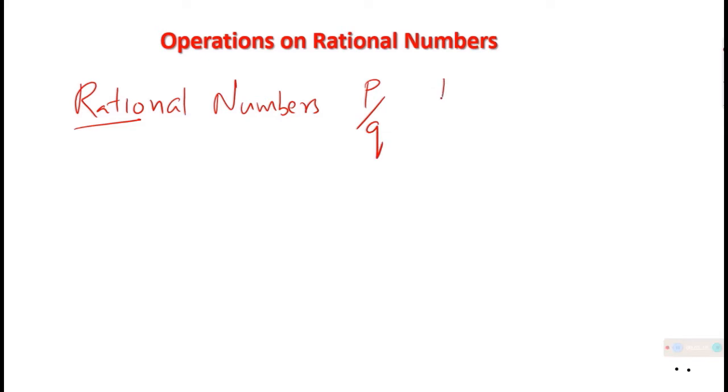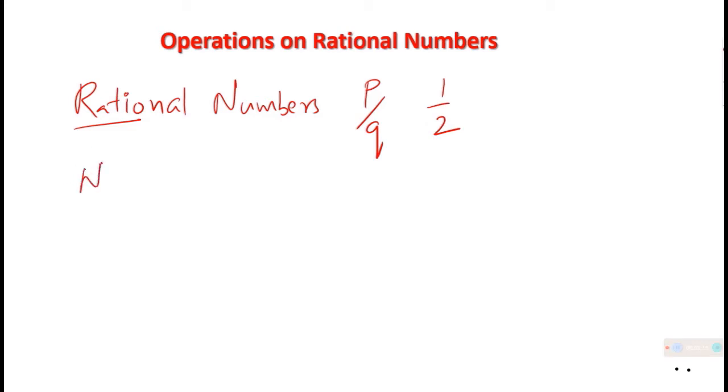Before that, let me ask you to remember what are rational numbers. Rational numbers starts with the word ratio, and those numbers which can be represented in the form of P upon Q, that is the definition, just like 1 upon 2. So what are the other numbers you have studied?